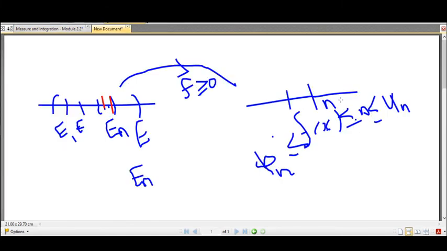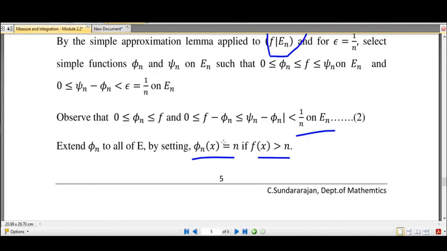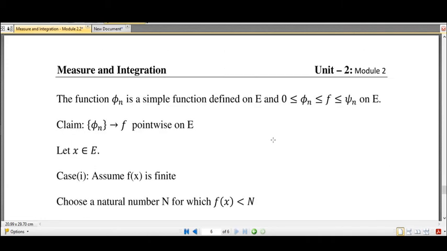Therefore, if f of x is greater than n, we take phi n of x equal to n. Therefore the function phi n is a simple function on E, and phi n is greater than or equal to 0 but less than or equal to f, which is less than or equal to psi n on E.